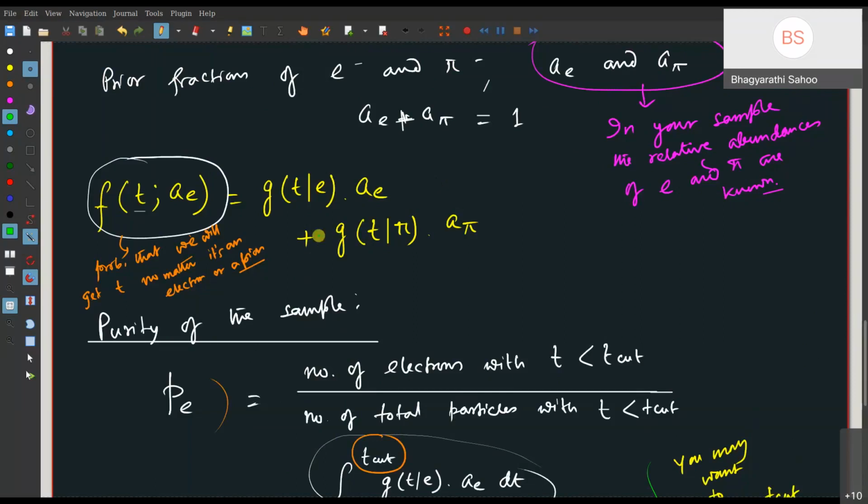I defined this quantity to later define the purity of the sample. The purity of the sample is defined as the ratio of the number of electrons over the total number of particles.